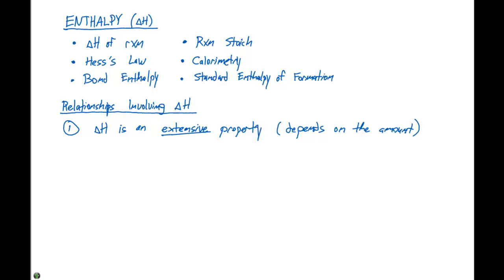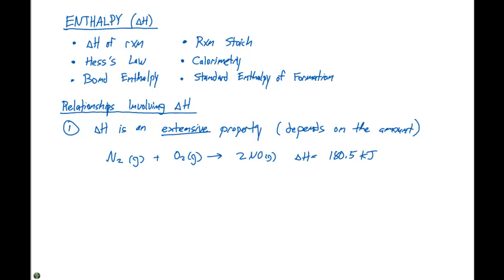We can represent this in a chemical reaction by saying if we have N2 gas plus O2 gas, giving us 2NO gas, the delta H here for this particular reaction is going to be 180.5 kilojoules.